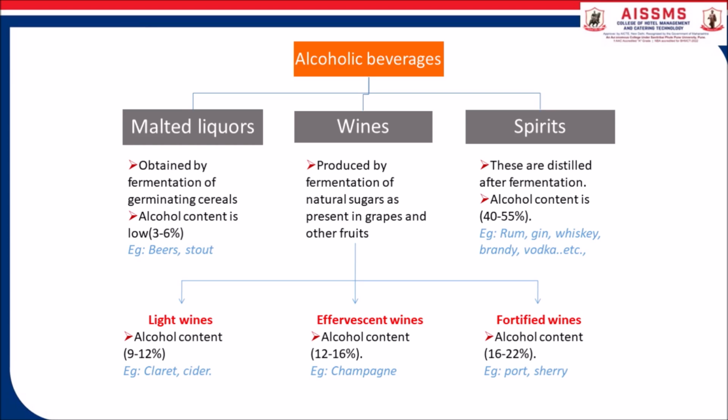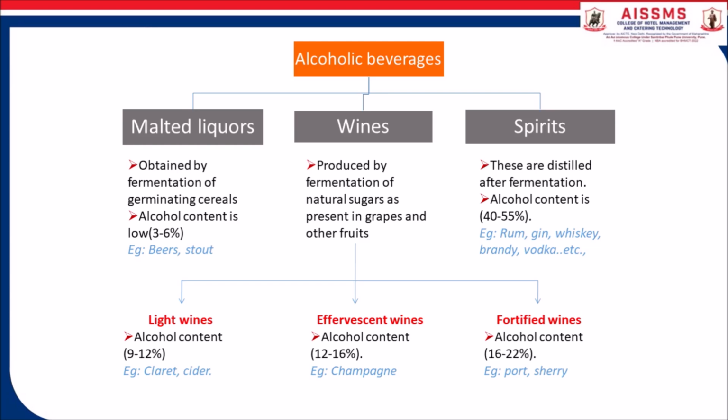The common examples to quote here are beer and stout. Moving on, the most popular and widely used alcoholic beverage is wine. And as mentioned earlier, we have a variety of wines that are produced.